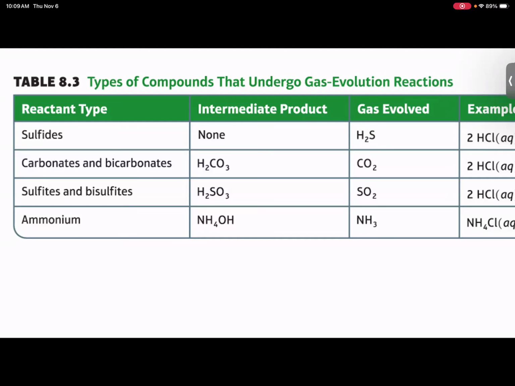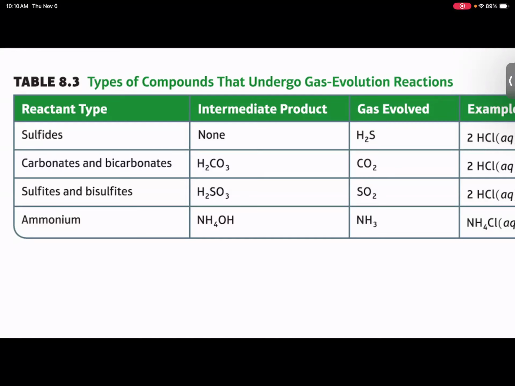You reacted baking soda, which is sodium bicarbonate, with an acid, which happened to be acetic acid, and you got nice bubbles, which was carbon dioxide being generated. You'll notice the first two had to be reacted with an acid. The third one also has to be reacted with an acid.